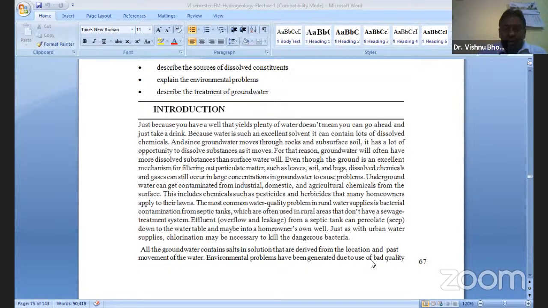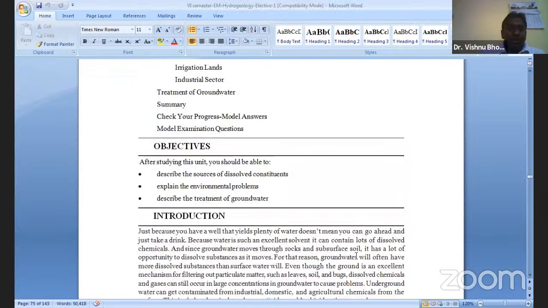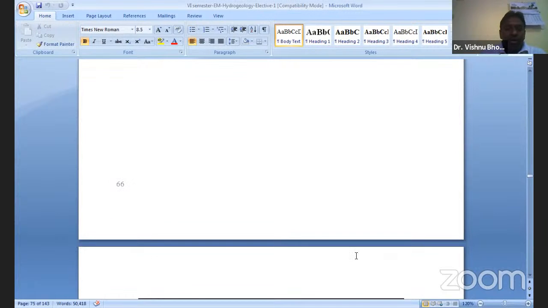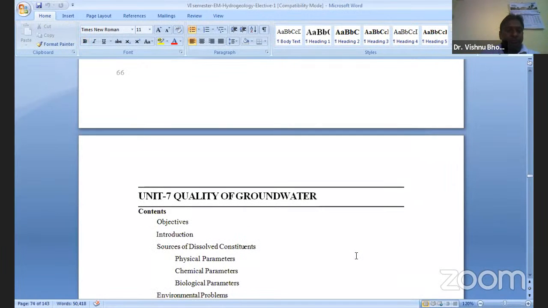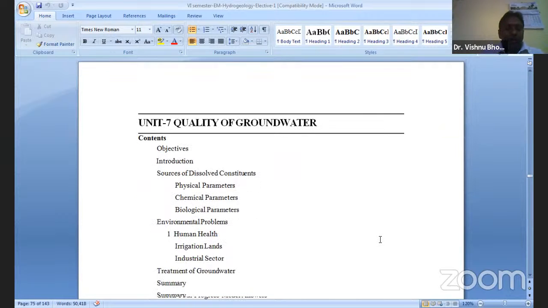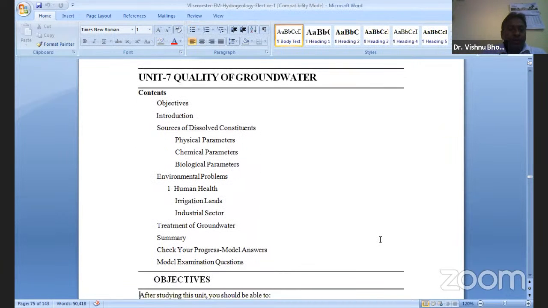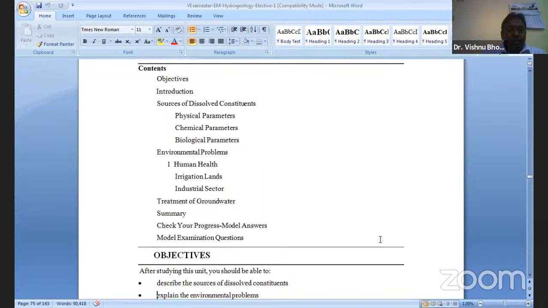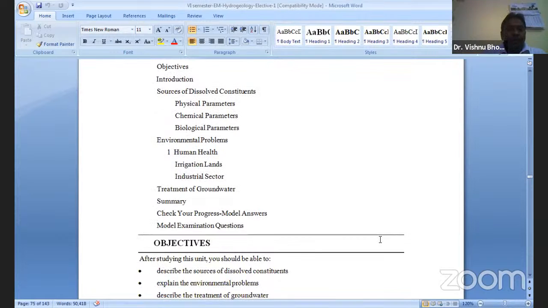Now today we are going to discuss the quality of groundwater. In this section, we are going to discuss surface dissolved constituents.